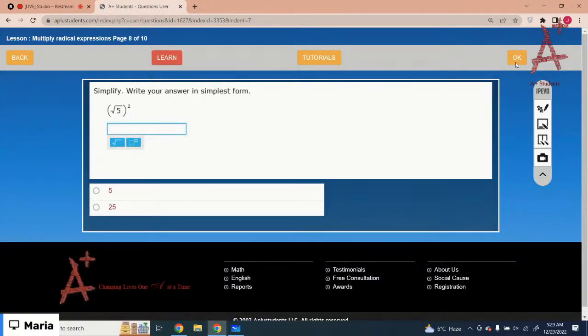Okay, the next one is square root 5 square. So which is the correct option? 2 and square root are opposite operations, so they can cancel out each other.